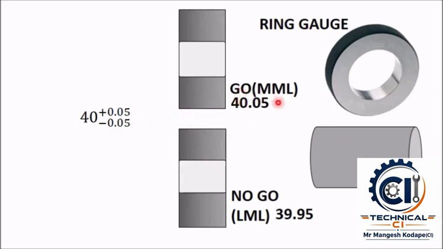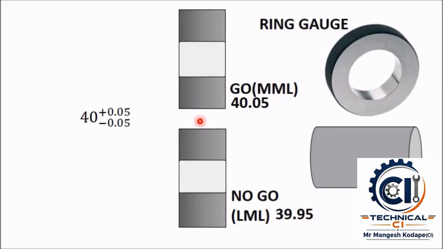Here I have prepared one go gauge, whose diameter is 40.05 mm, and this no go gauge I have made with dimension 39.95. Always remember that the go gauge corresponds to the maximum metal limit, and the no go gauge always corresponds to the least metal limit. Because in this case the maximum metal condition for this shaft is when its diameter is 40.05, and the minimum metal condition is when its diameter is 39.95.